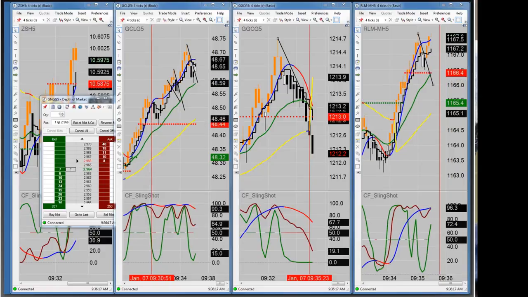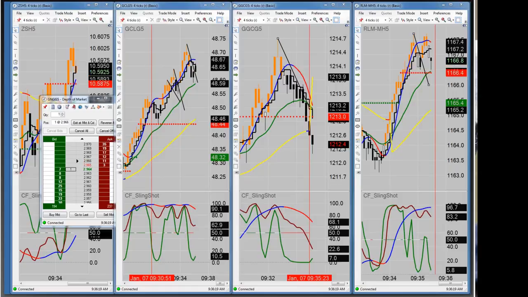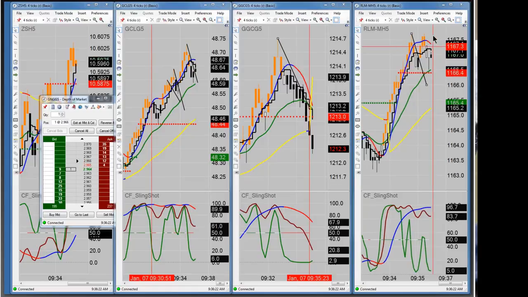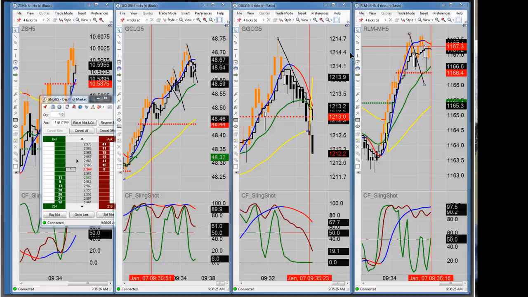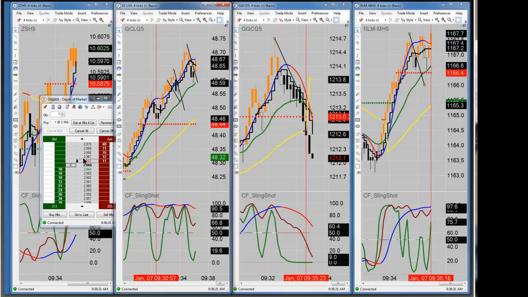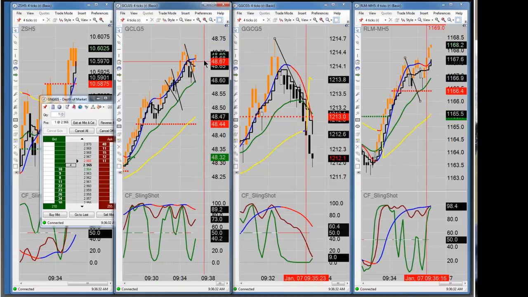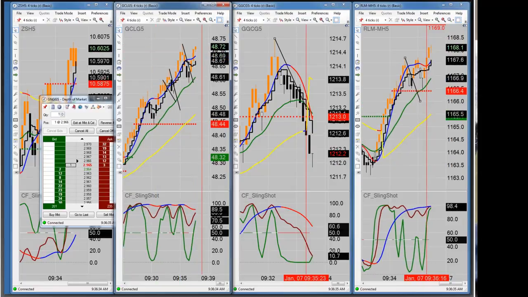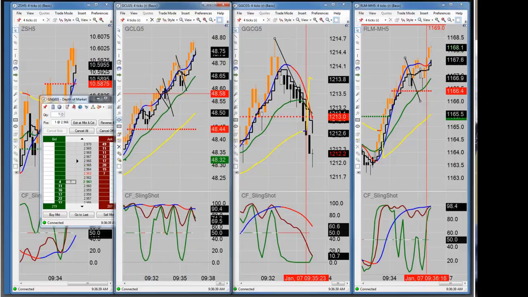Ding ding. 67.3, close above the MA1 stop, should have gone to break even. I didn't have time to get into that, and it didn't put in a higher swing yet. I'm still waiting over here on the natural gas, and on the crude, I'm going to go long right here at 67. I'm not going to go long. It's too late. The spot was right there at 67 on the crude.